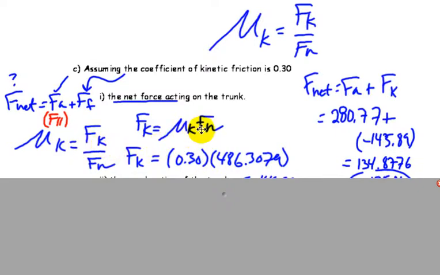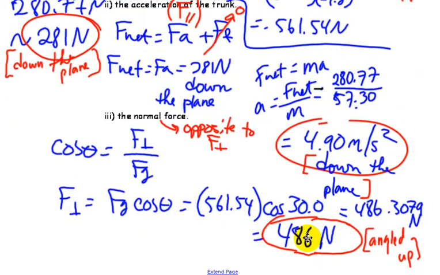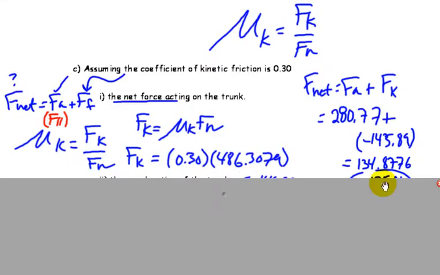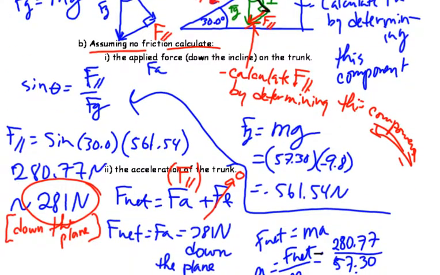So Fk is equal to mu k times Fn. From previously, my normal force, as we saw here, 486, but I'll use the non-rounded off version, 486.3079, times my coefficient of friction, and I get 145.89237. My applied force, my parallel force down the plane, as we saw earlier, was 281, or 280.77 non-rounded off.